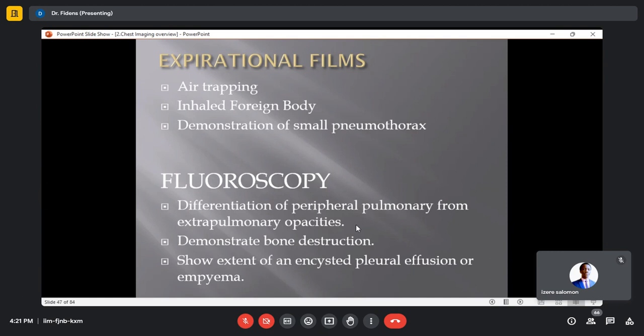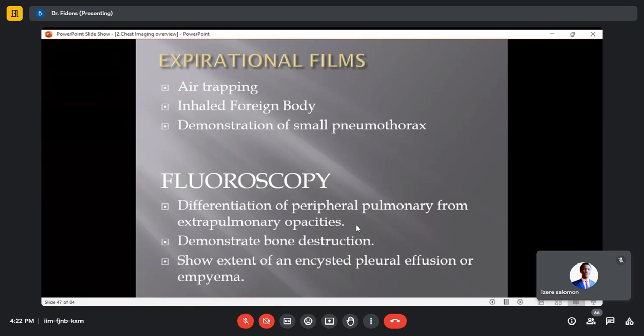In a real-time examination, we want to show the extent of encysted pleural effusion or empyema, especially encysted or loculated pleural effusion. It's when some pleural effusion is enclosed into a cyst, enclosed somewhere, and this is normally caused by empyema, pus.